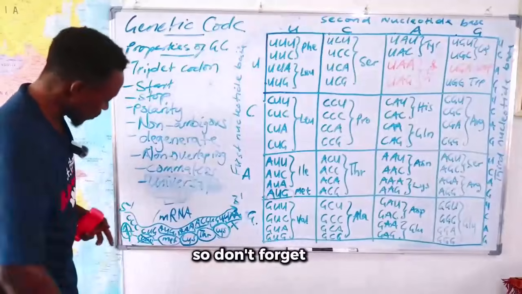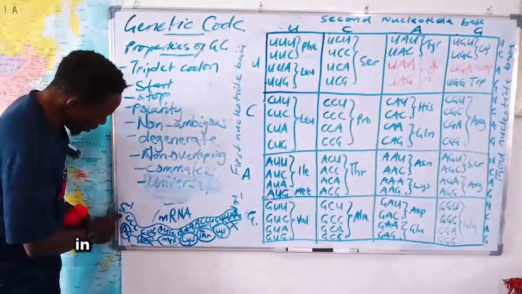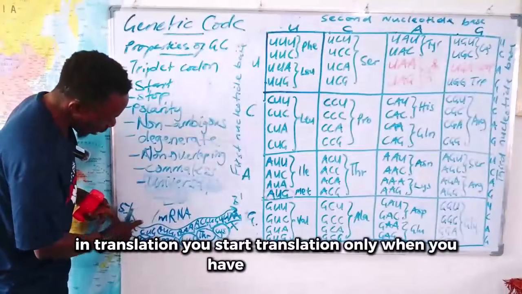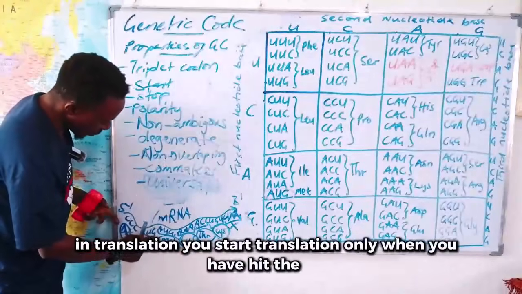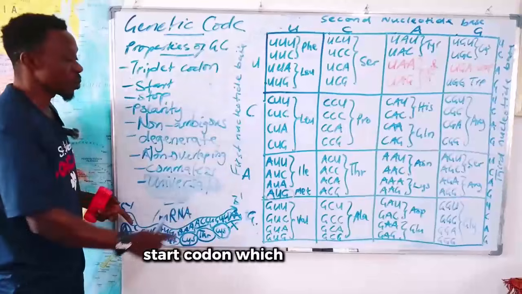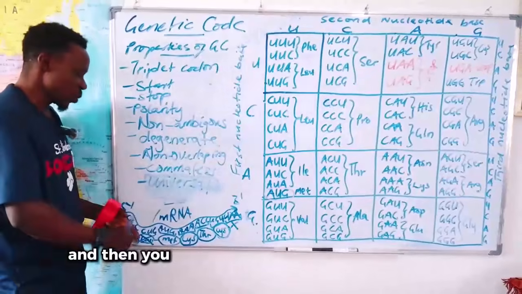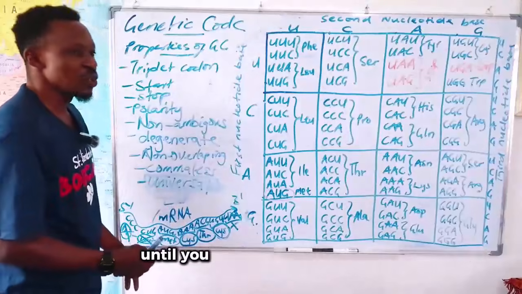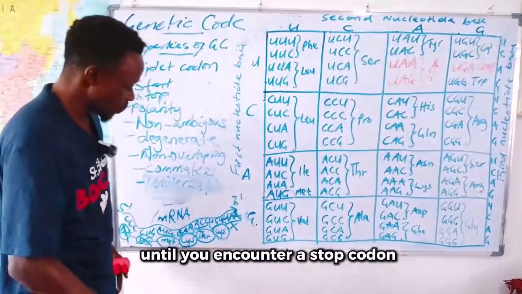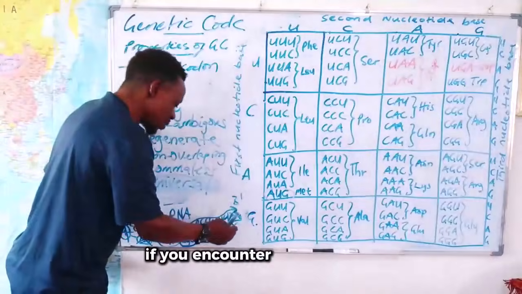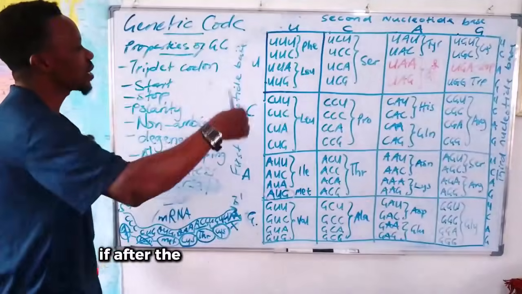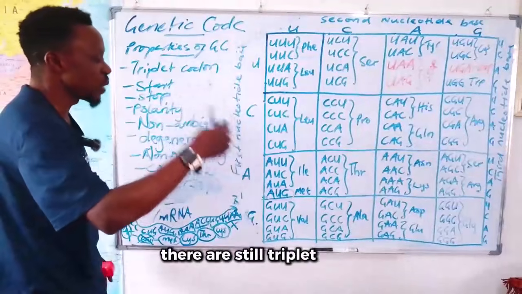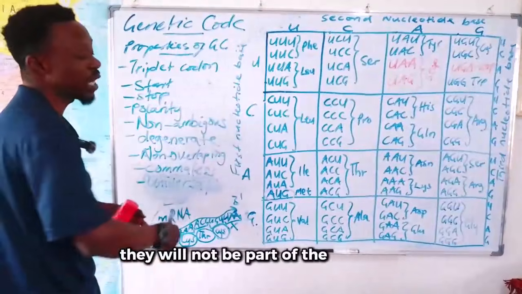So don't forget, in translation, you start translation only when you have hit the start codon, which is methionine. And then you continue sequentially without comma until you encounter a stop codon. If after the stop codon there are still triplet codons, they will not be part of the amino acid sequence.